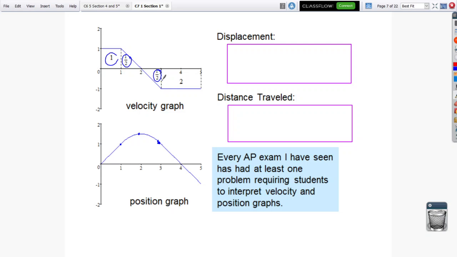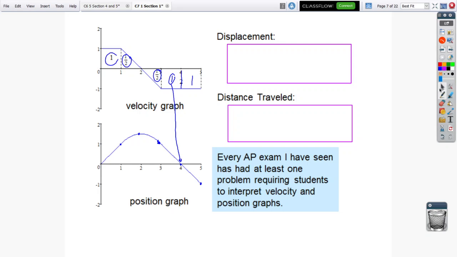Now going between 3 and 4, it looks like I'd have a square right there, which would be 1. So we can actually see right there between 3 and 4 accumulating that -1 distance, which puts me at my original position right here. And then between 4 and 5, I have that other 1, which really brings me down, lands me at the end of my journey at -1 relative distance.